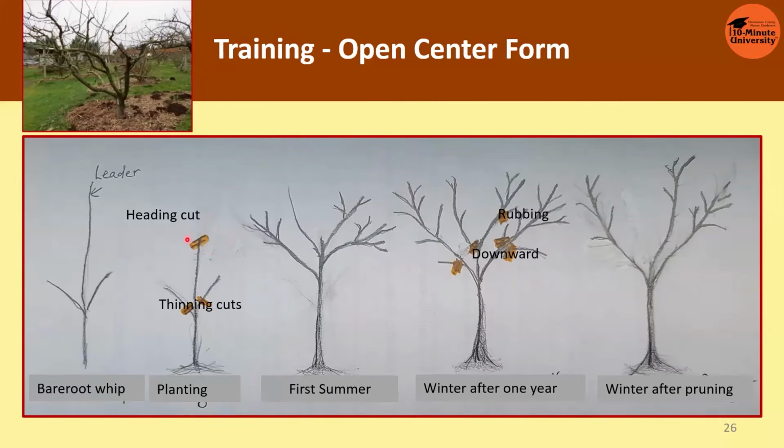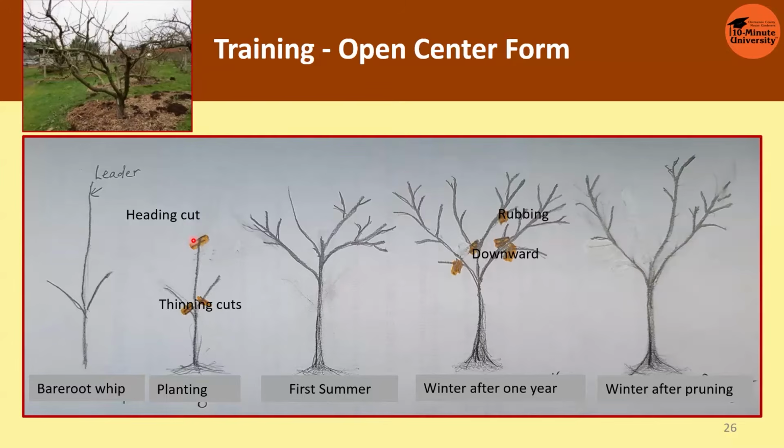And this cut is going to stimulate shoots to develop below it. The height of your cut determines essentially where your fruiting wood or the scaffolds will be. So a low cut will give you low scaffolds, and a high cut will push the scaffolds higher up.